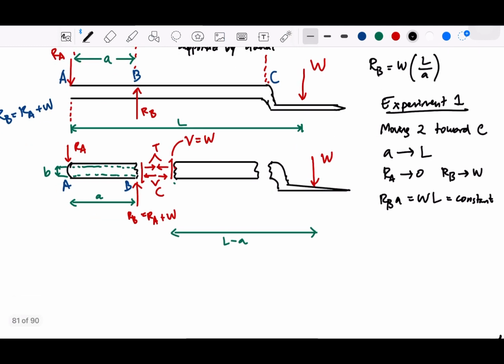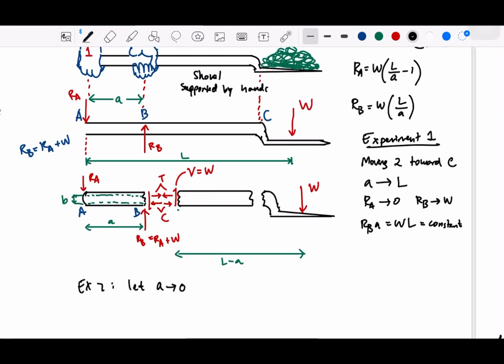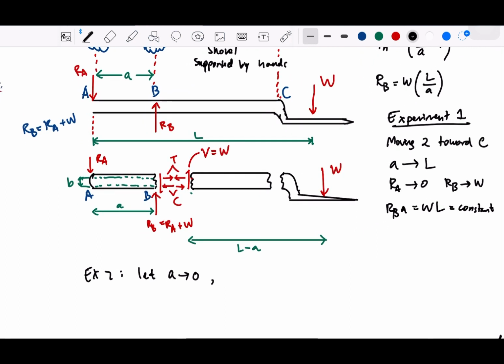And then the next one, experiment 2, let A approach 0, which means that the two hands are getting closer to each other. So we are going to see that RA, based on this assumption, is going to approach infinity, and RB is also getting to infinity.